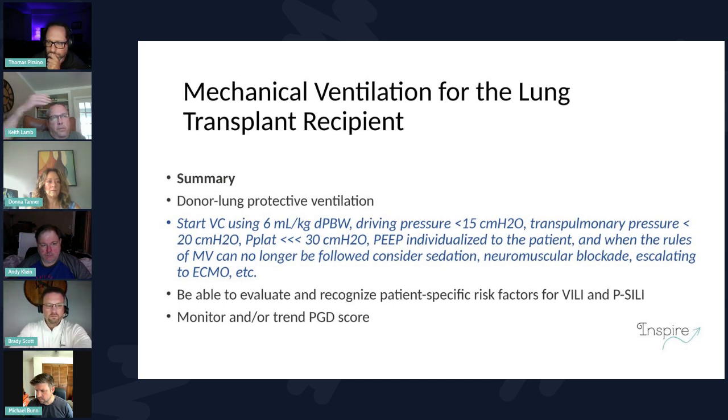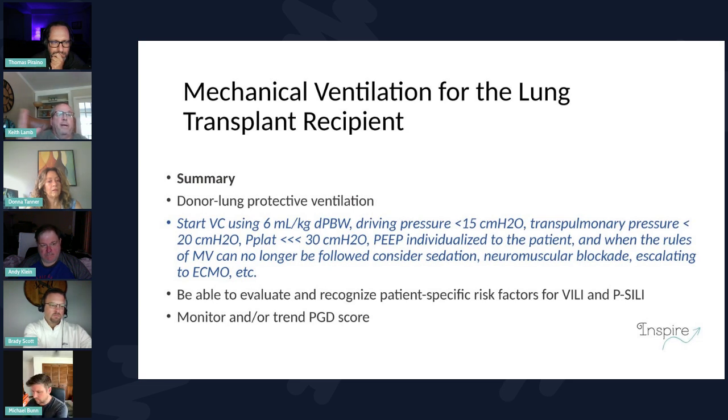So what makes the primary graft dysfunction worse? From what I understand, PGD is really the most common reason for early mortality in a lung transplant patient. What, if anything, about ventilator management either exacerbates or mitigates that?